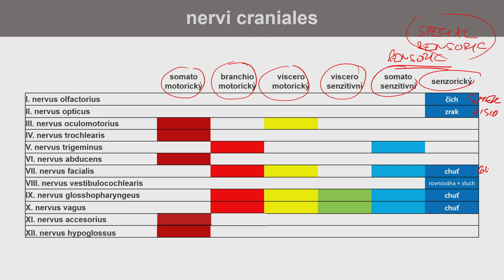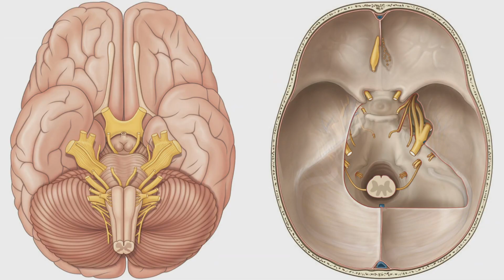And here is gustus, so taste. Taste is a part of sensation which is much closer to the viscerosensitive, because it is a chemical analysis of the content inside the gastrointestinal tube, especially in the stomodeum. So this is really again something like viscerosensory.